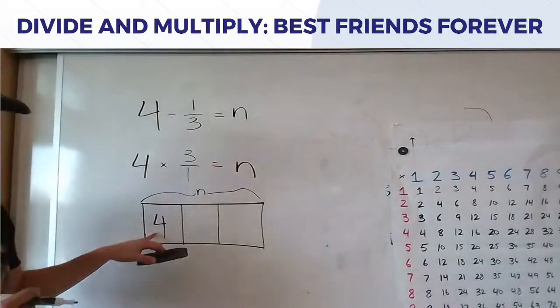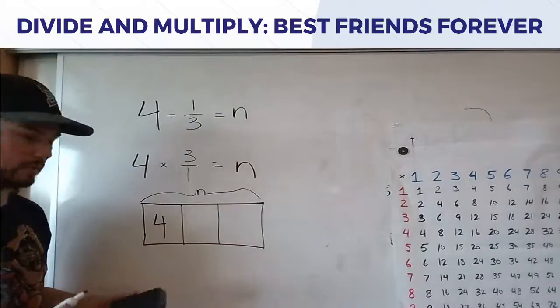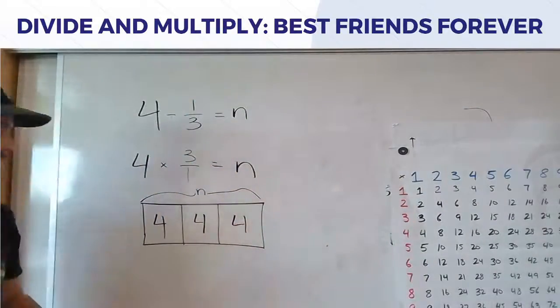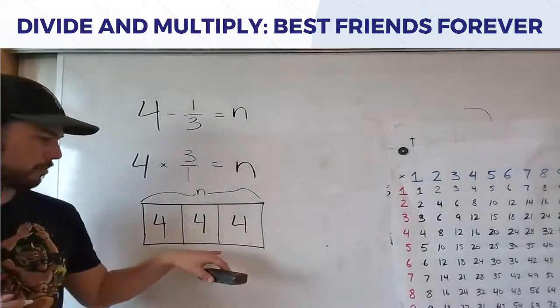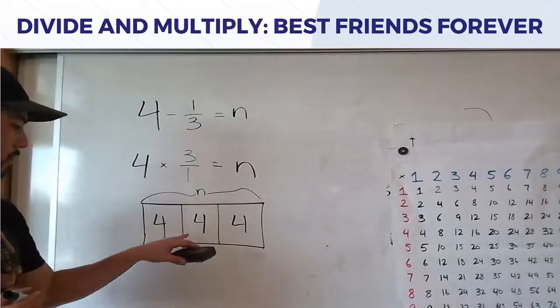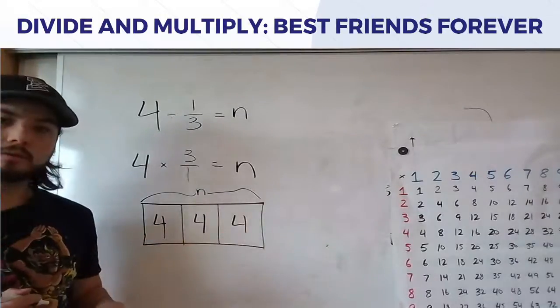Well, if this third equals 4, it stands to reason all the other thirds equal 4, otherwise they're not equal thirds. 4 plus 4 plus 4 is 12, or 4 times 3.